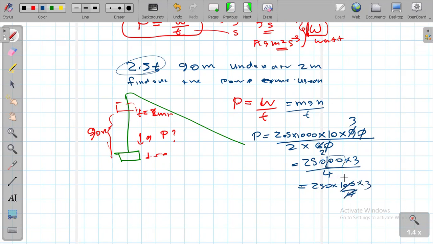Once I cancel off, it becomes 25 times 25, which is going to be 625, and a 0 is there, and you have to multiply this by 3. 25 times 3 is 75, so 1875, and this 0, so 18,750 watts. Very good. In terms of kilowatts, we get 18.75 kilowatts. I think Sarina's answer is very correct. The answer is correct.